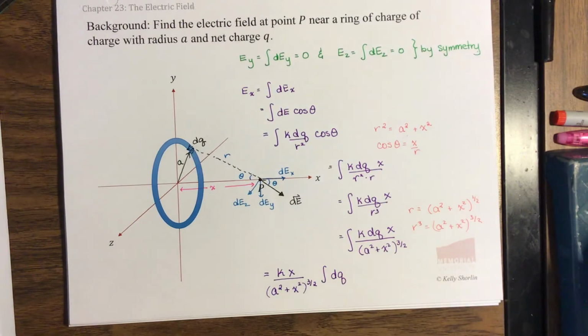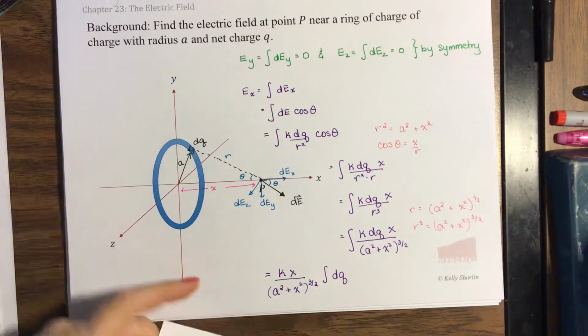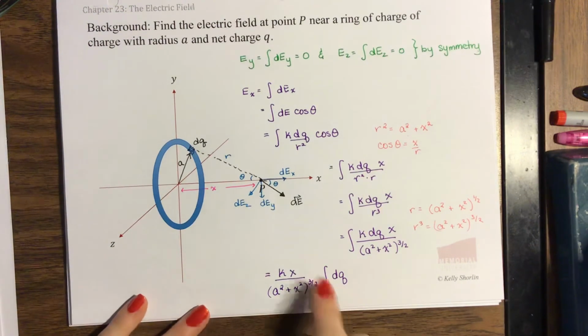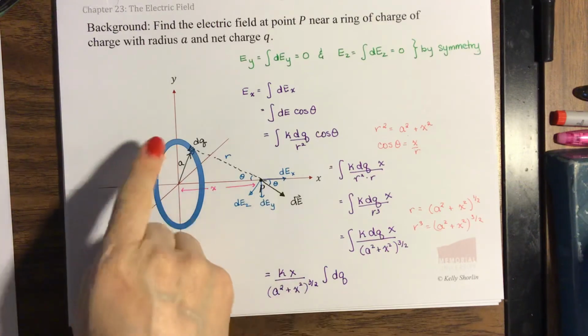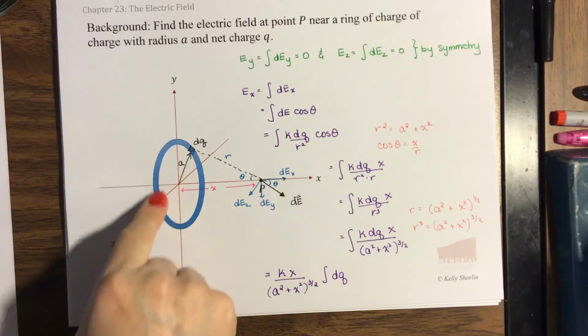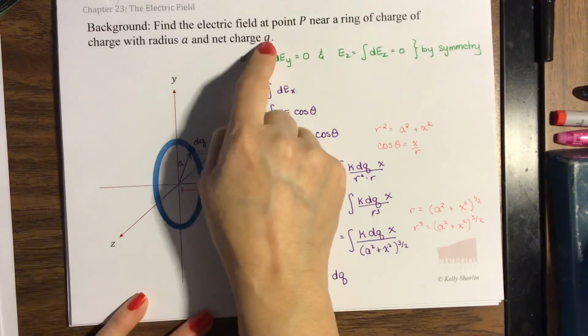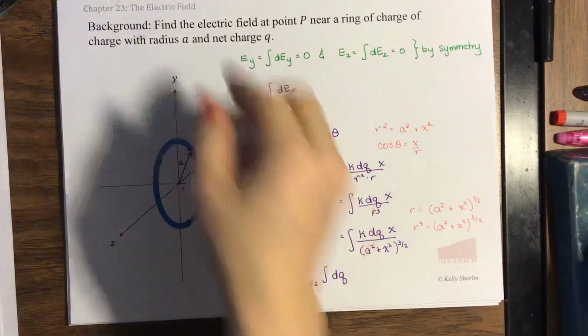Now is a good place to ask, what does an integral even mean? So the integral is the sum of all the small bits of charge as we go around the ring. If you add up each little bit of charge around the ring, what you're going to get for your answer is the net charge on the ring.